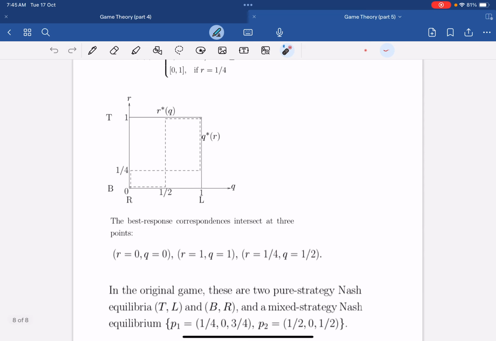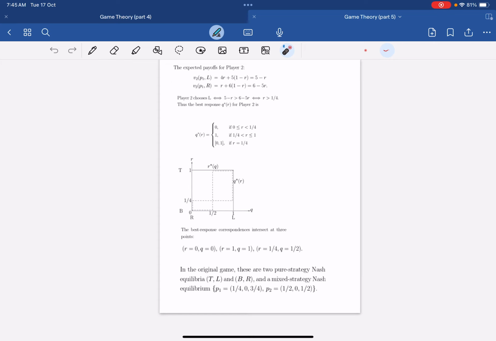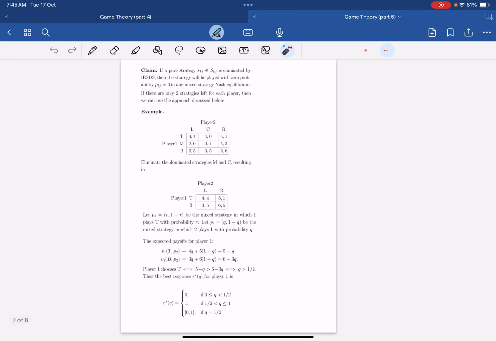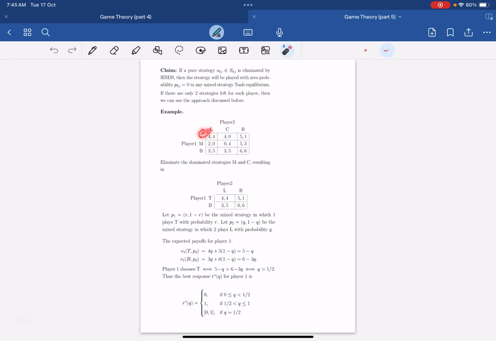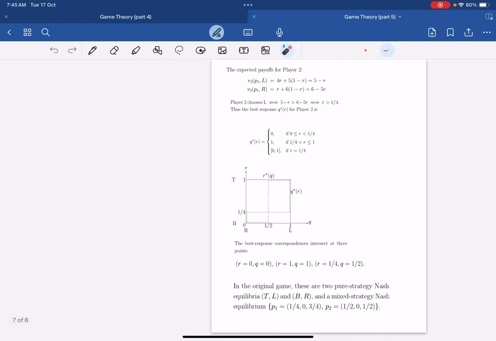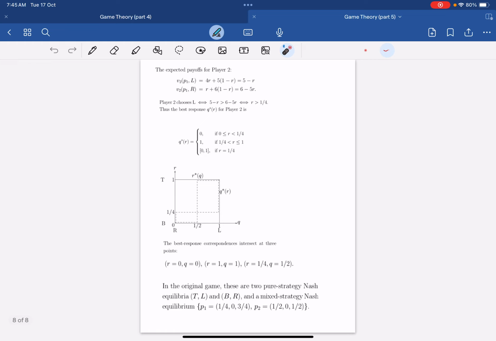So they also intersect at 0, 0 and 1, 1. In the original game, this is going to refer to T and L. So 1, 1 is when you play T with probability 1 and L with probability 1, and the other case, 0, 0, is when you play B with probability 1 and R with probability 1.